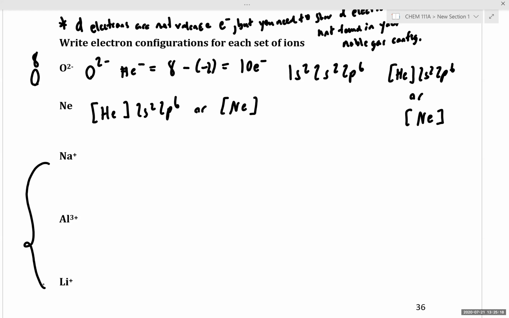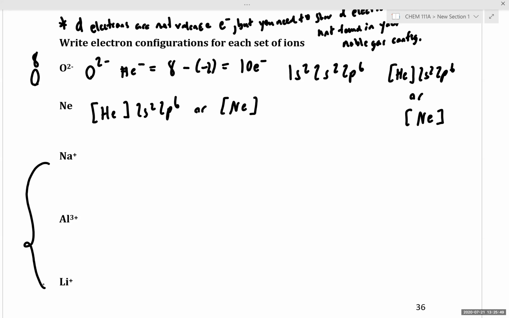So let's try to write the configuration for these three ions, and then we'll discuss in about 3 to 4 minutes. The responses I see in the chat look good.